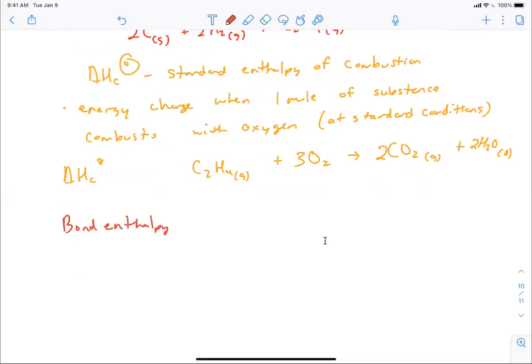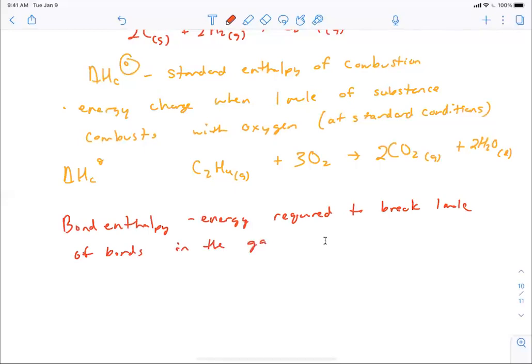Bond enthalpy, okay. Energy required to break 1 mole of bonds in the gaseous state. Okay. So this would look like something like this.